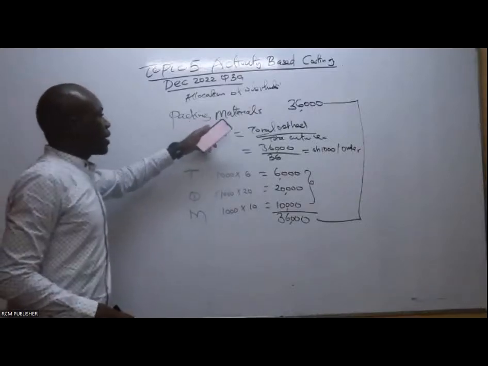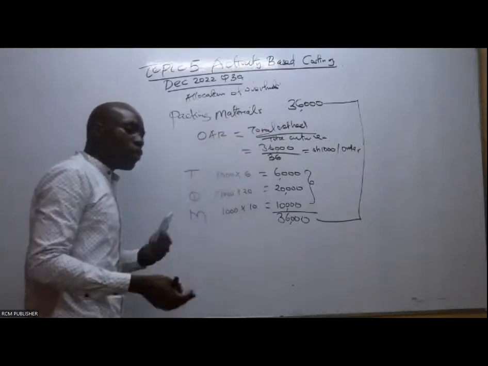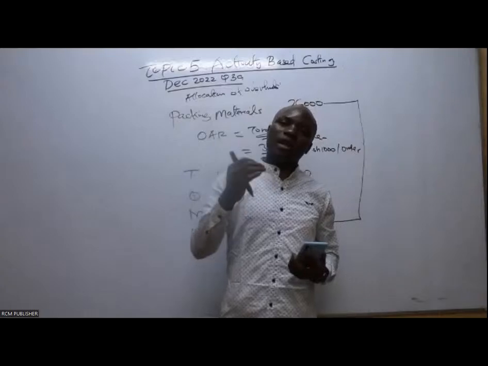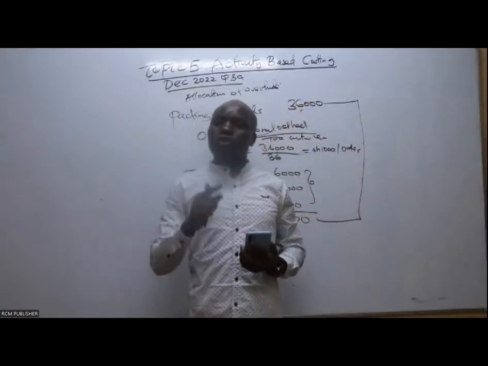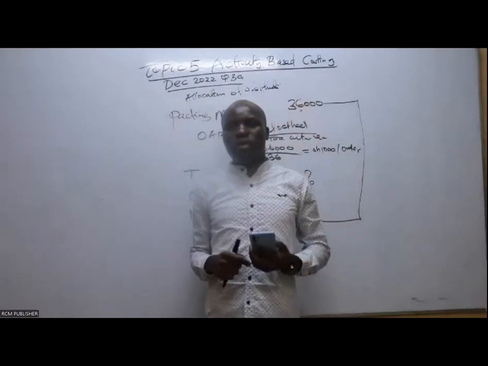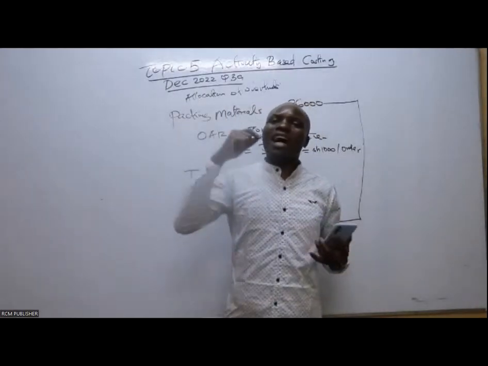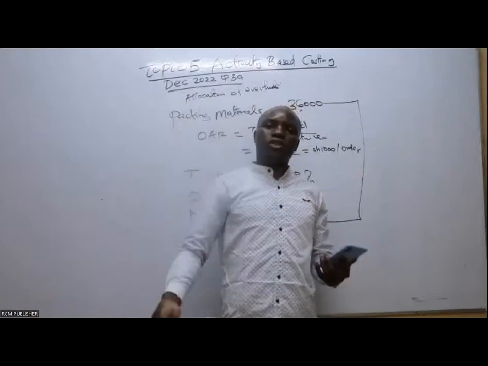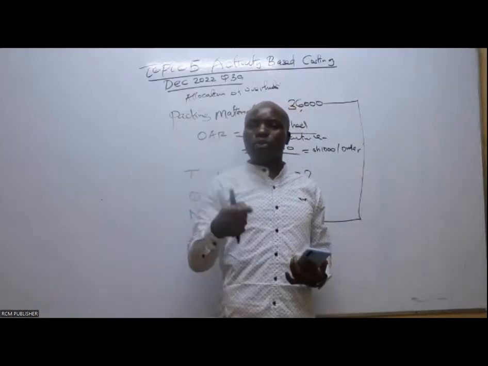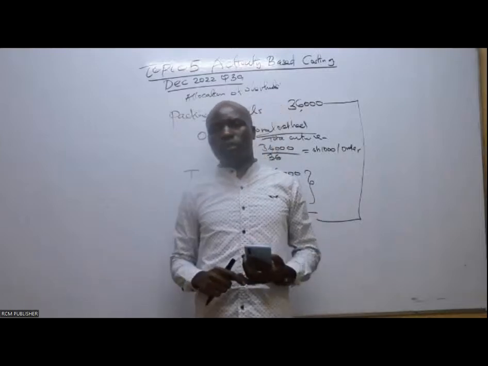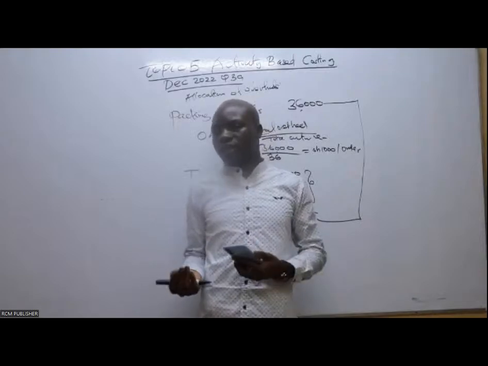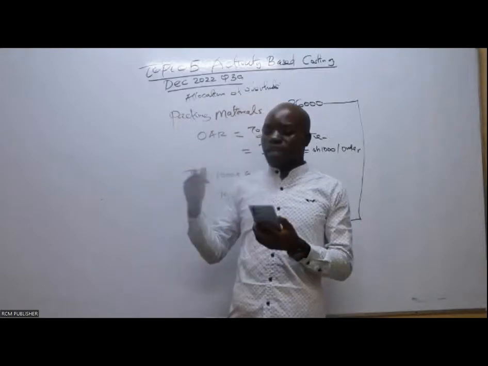Under packing materials, we are now distributing the overheads to the departments of the organization because we want to know the cost of producing each unit in each department. Which department is making us incur a lot of cost if they produce a very low number of products? What can we do? Can we send some people home? Can we rearrange the team so that we see the effect of doing that? That is what they are trying to do here.